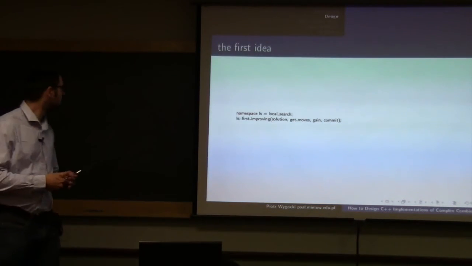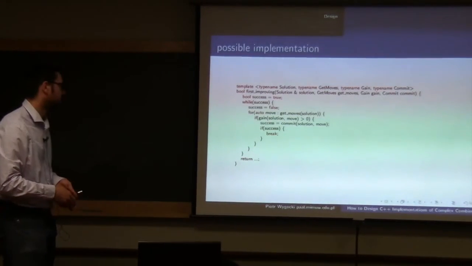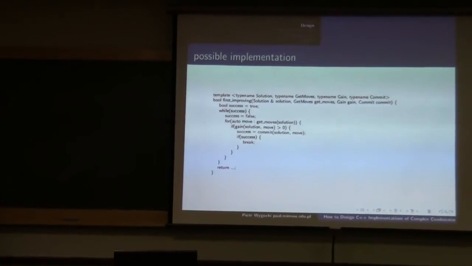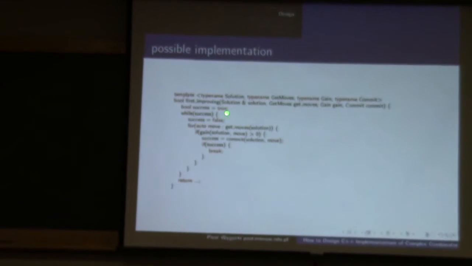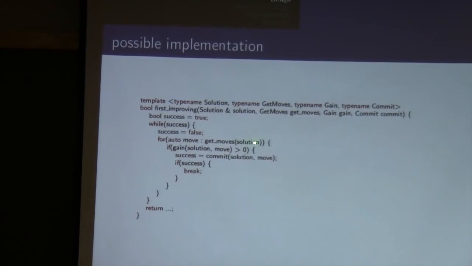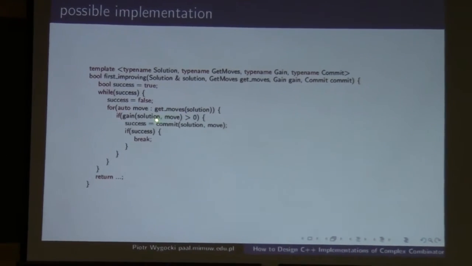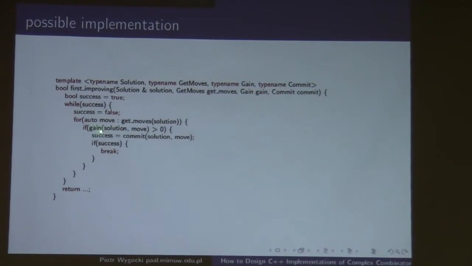And so, this is a possible implementation of this. It is very straightforward. Here we've got this inner loop. We just traverse all the possible moves. We run the gain functor to check if the move is improving, and we try to commit this move here. So we use all of these functors, and we just repeat it in the while loop.